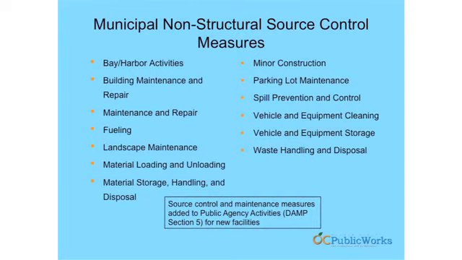And then you'll find in DAMP Section 5, which you're probably already familiar with, a list of the municipal non-structural source control measures, which can be used as documentation to include in WQMPs for public projects as a form of source controls and operational parameters.